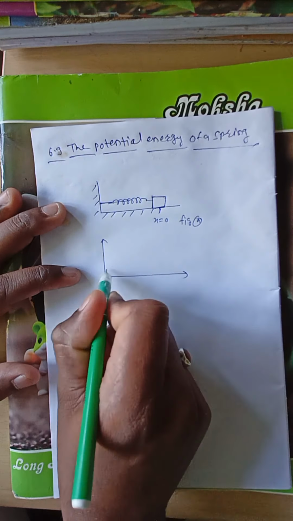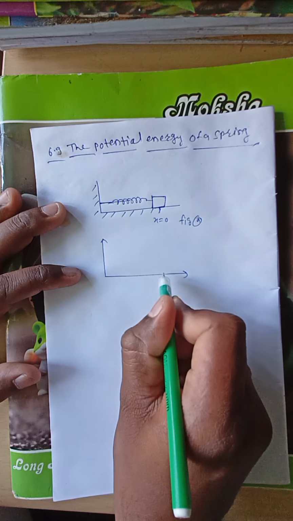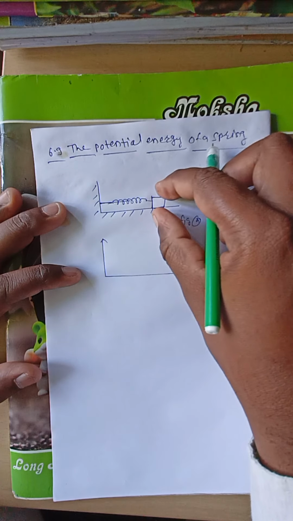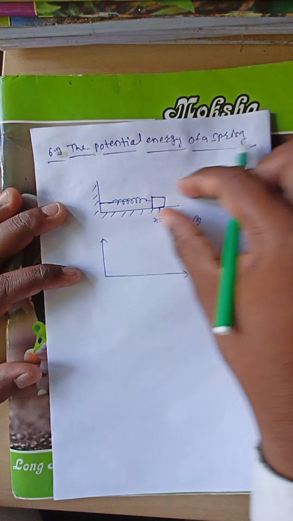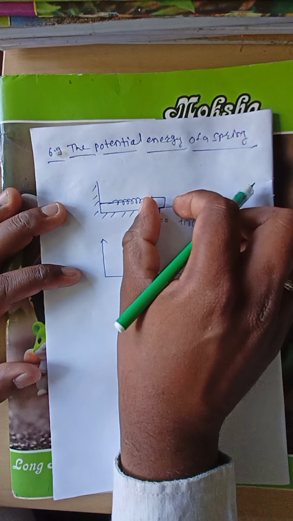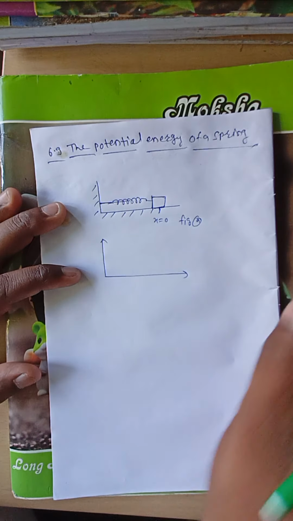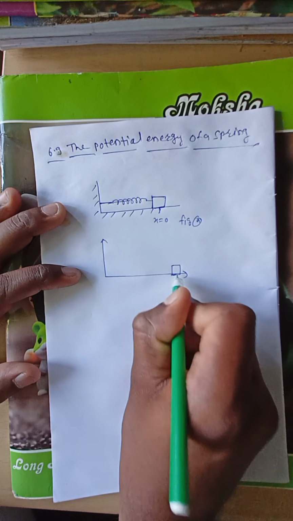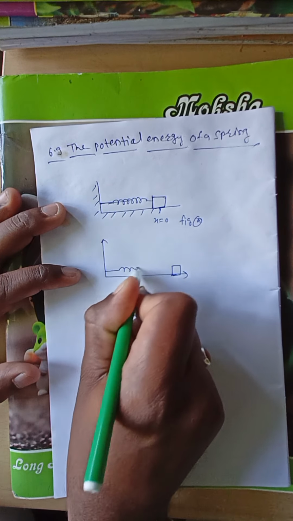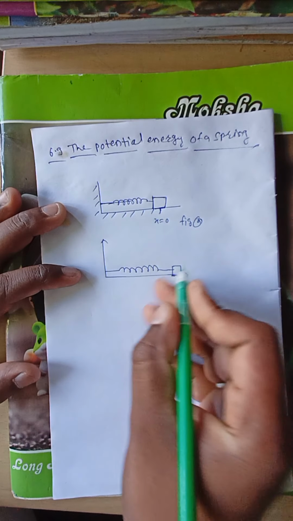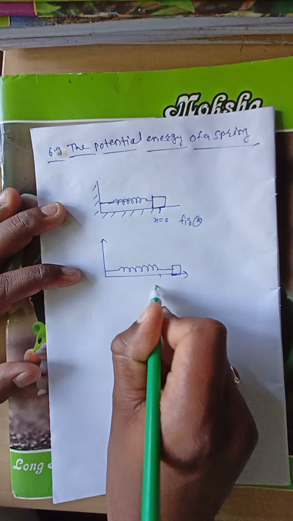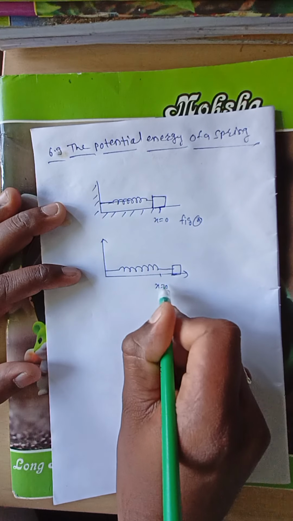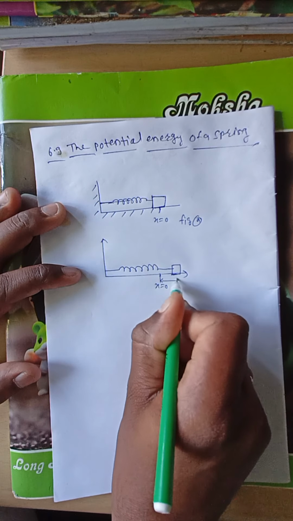Now, the block which is at the equilibrium position, we have to pull in an outward direction. Now this is x is equal to 0. Now that block is pulled outside.